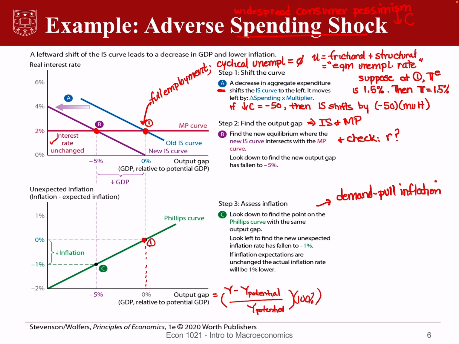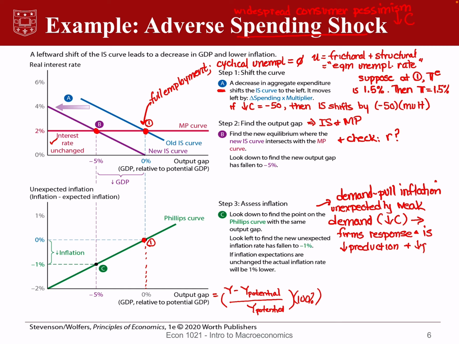So for the demand pull inflation, we have unexpectedly weak demand. In other words, the decrease in consumption leads to firms responding. So the firms' response is to both decrease production, which we saw in the IS-MP framework, and to decrease their prices.